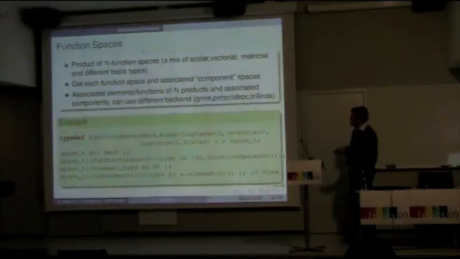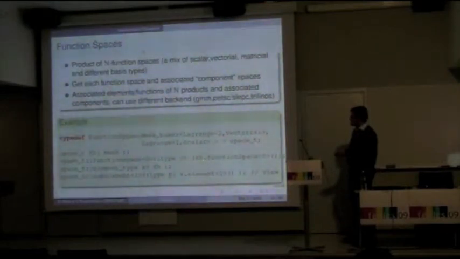So here is an example. For example, here you have, let's say, the first space, with basis functions which are Lagrange of order 2 and vectorial, and the second one Lagrange of order 1 and scalar. And then you just instantiate your space here.